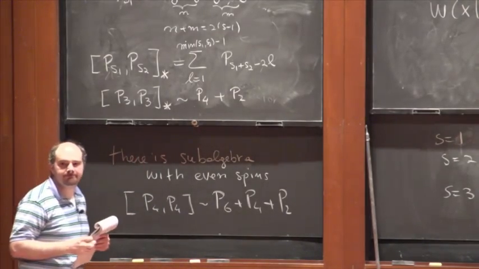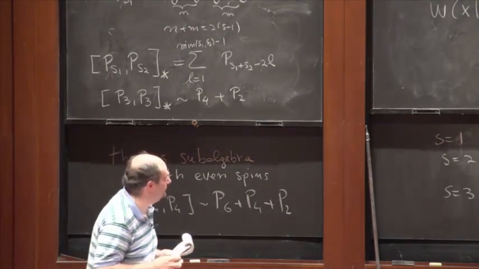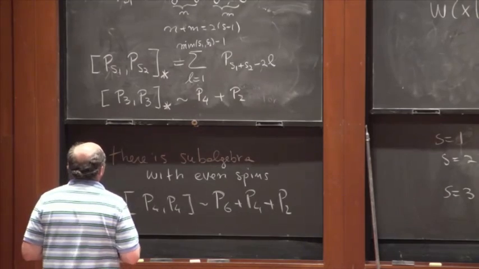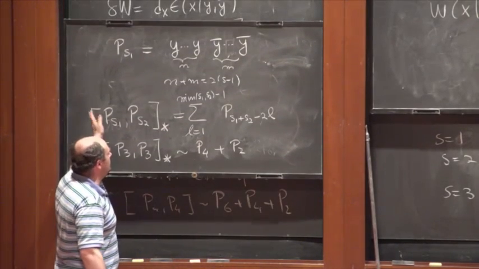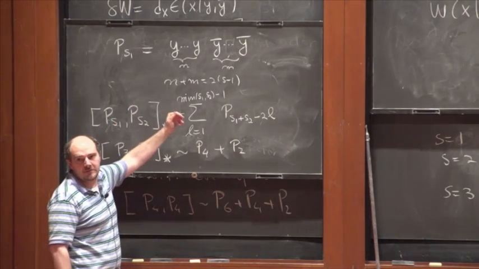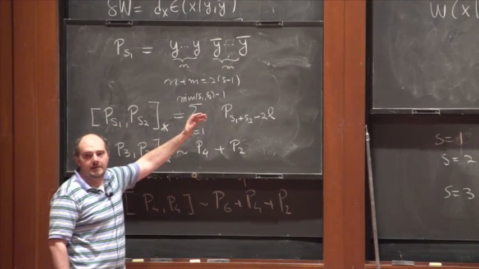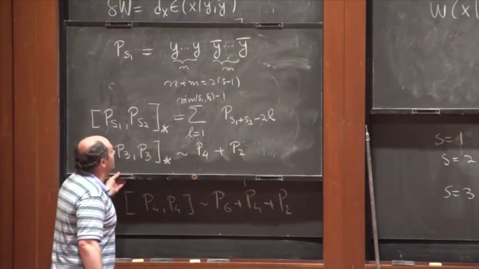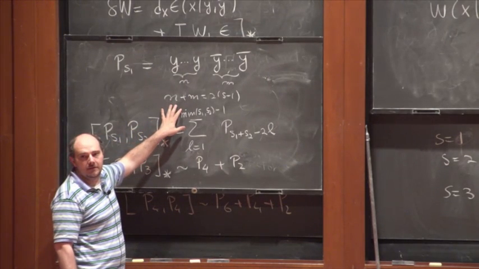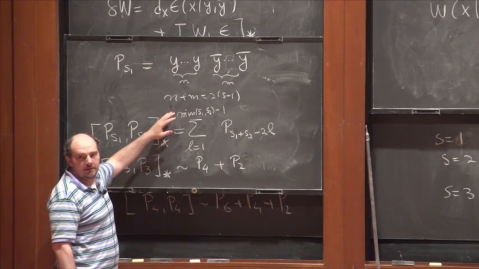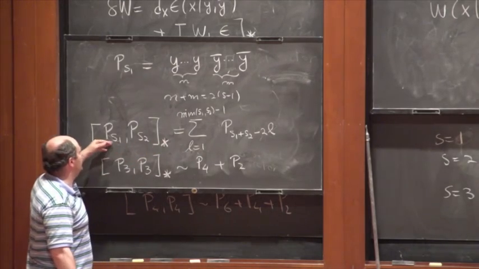Okay. So this is for any of those terms, schematically. It's not exact, so you can take any of these terms such that n plus m is 2s minus 1. You'll generate these spins. So this just counts the spin.